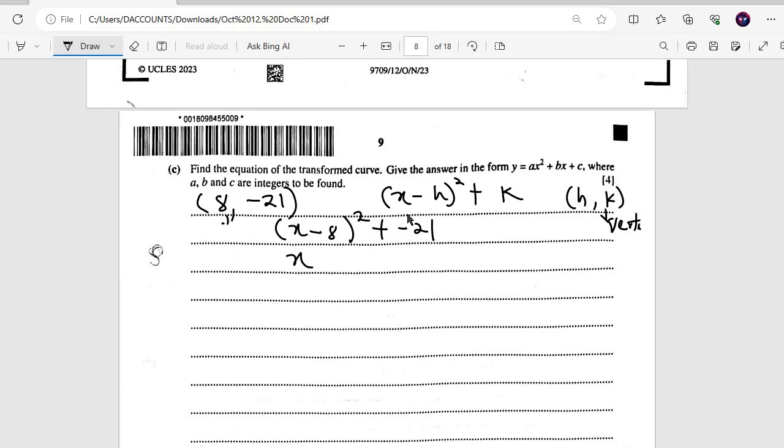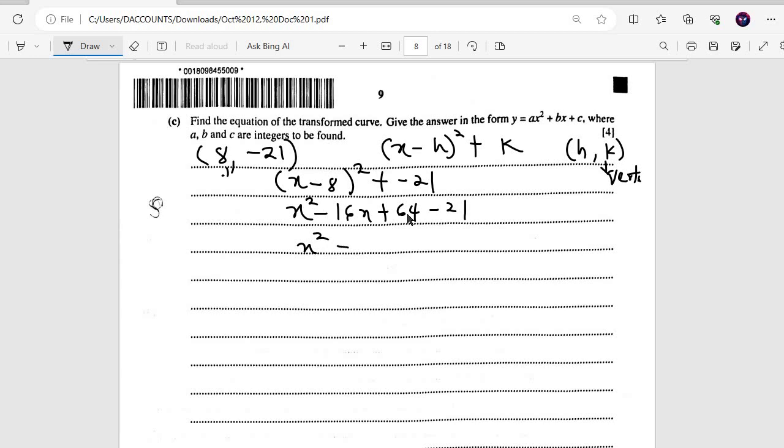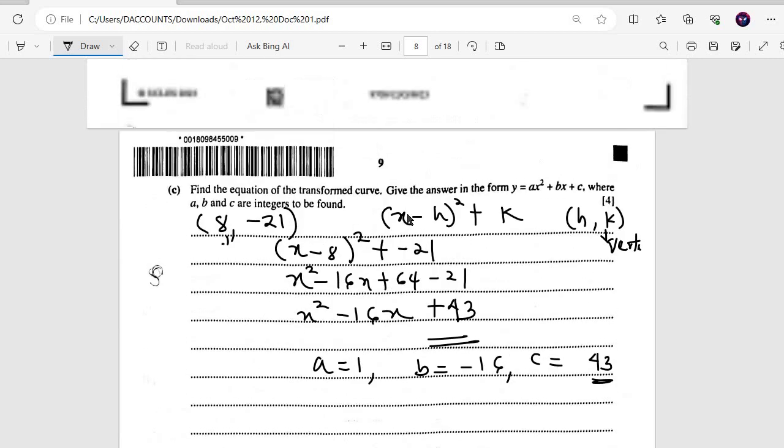This gives us x squared minus 16x plus 64 minus 21. So x squared minus 16x plus 43. So that, find the equation of the transformed curve, give your answer in this form. In this case, a is 1, b is minus 16, c is 43, the integers. That's it.